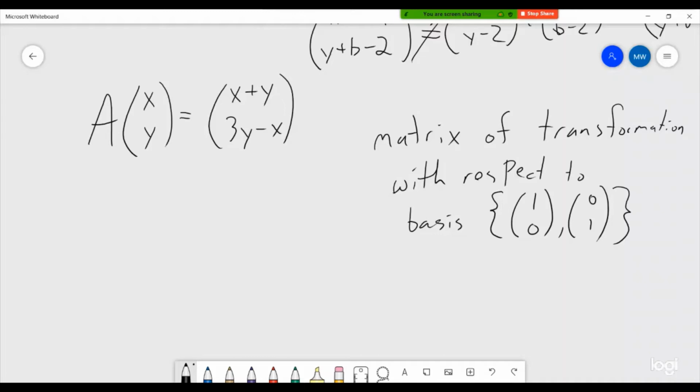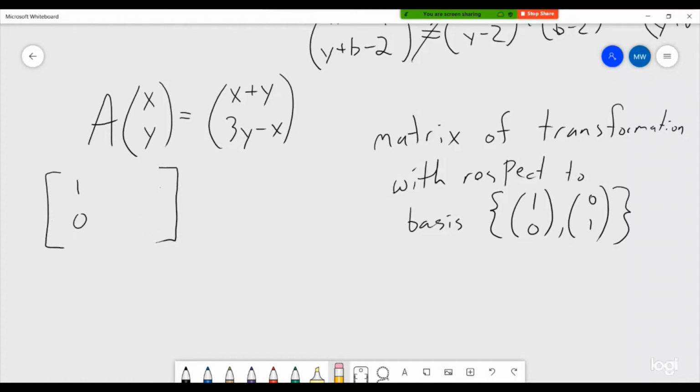One way we can figure out what the matrix would be is we can start with the matrix with our basis elements. So there's one basis element, (1, 0), and then the next one is (0, 1). I drew those little lines just to signify that they're there, but we don't really draw those.